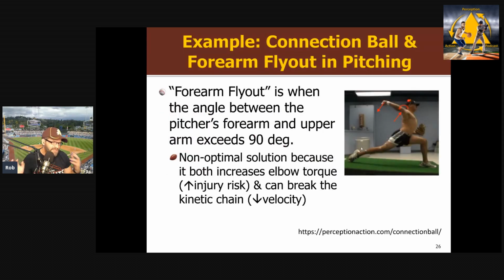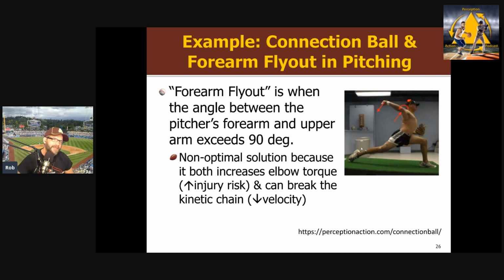Okay, so the specific example I want to use is my favorite one, talking about using the connection ball in pitching. Okay, so here's what we start with. In baseball pitching, some pitchers have an issue called forearm flyout, right? And that's illustrated in this image here. Basically, their arm is separating too far from their body during the throwing motion, right?